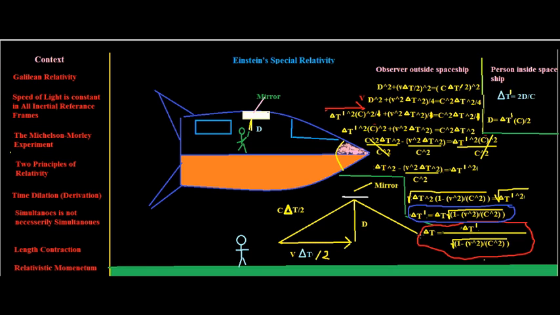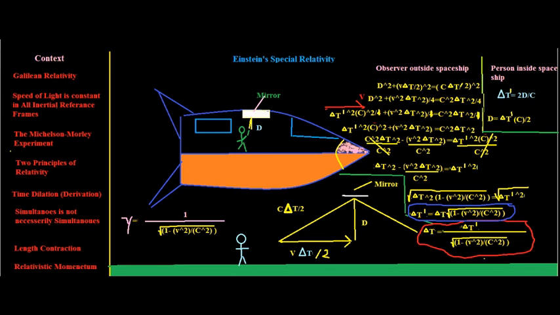So you could write that gamma, which is the time dilation, equals 1 over the square root of 1 minus v squared over c squared, and this factor is always greater than 1 when v is not equal to 0.